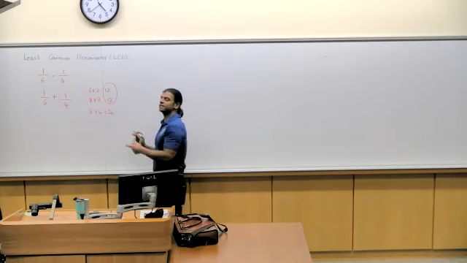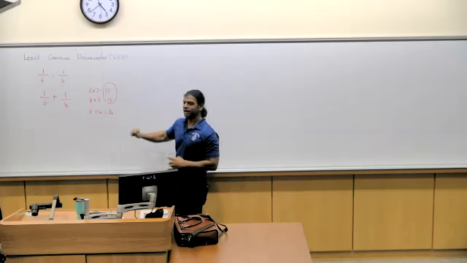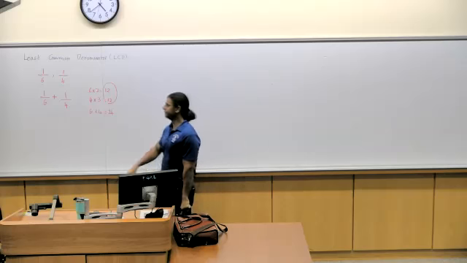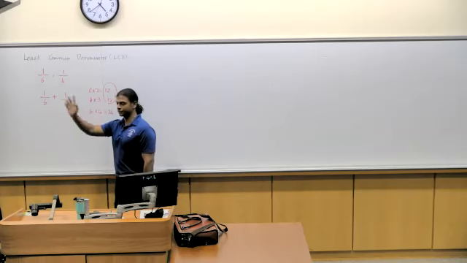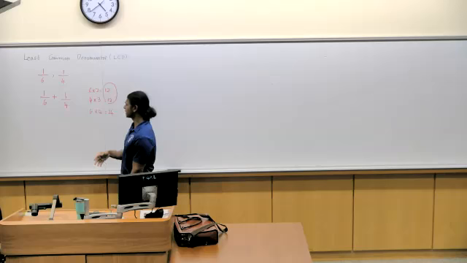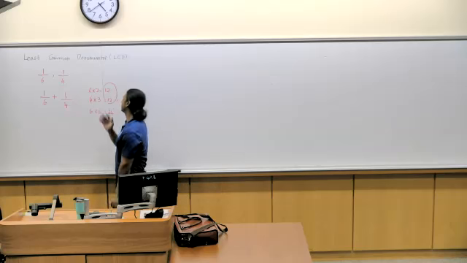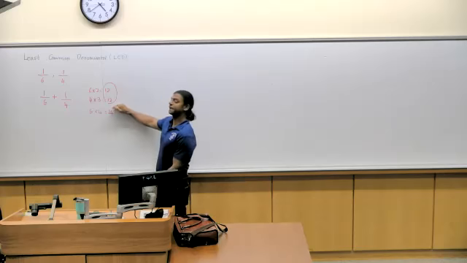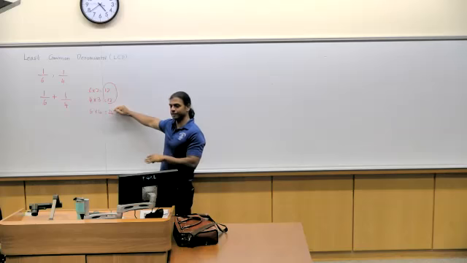Could you find other common denominators? I can keep on going. 48 would be a common denominator because 6 times 8 is 48. 4 times 12 is 48. So I can keep on coming up with common denominators, but the objective is to pick the least common denominator.